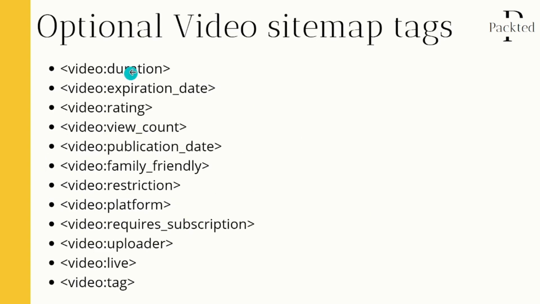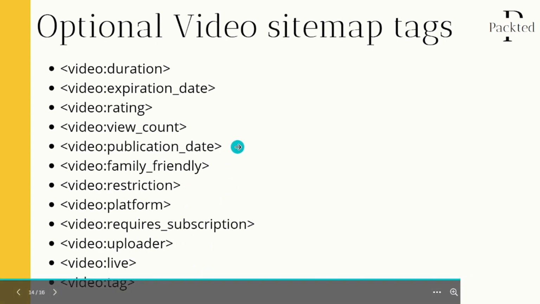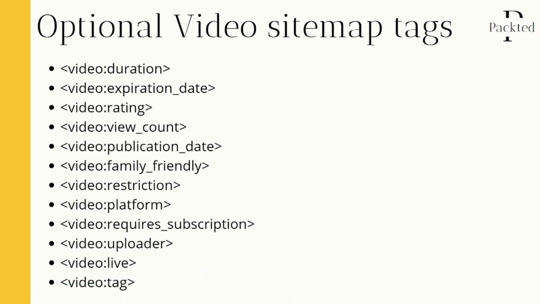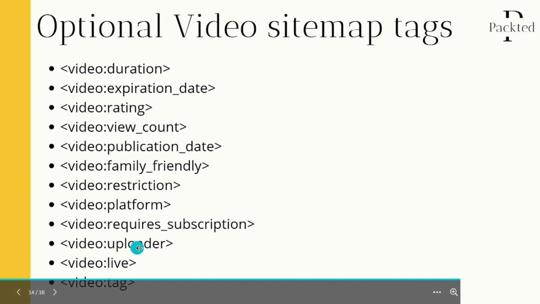Next, we are talking about some optional sitemap tags. These are some of the tags which you can add if you want to add more information to the video, like the duration of the video, when it will expire if it is that kind of video, what's the rating, like out of 5 stars, and what's the view count, the publication date, whether or not it is family friendly, whether or not it is restricted, and which platform it is hosted on, and whether or not it requires a subscription, who is the uploader of this video, whether or not it was a live video, and what are the tags of the video.